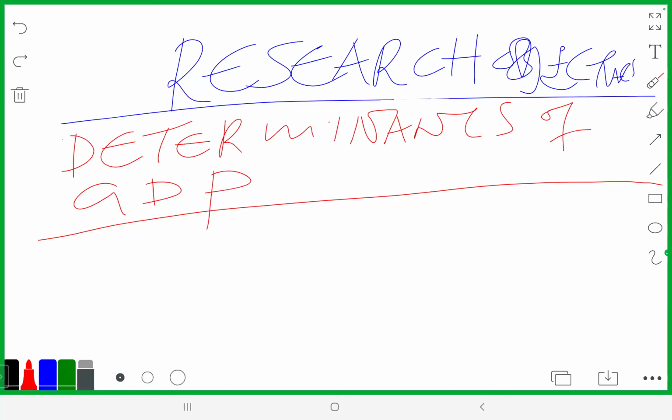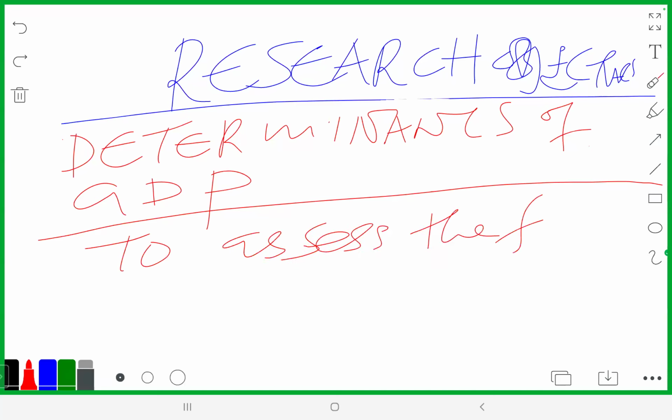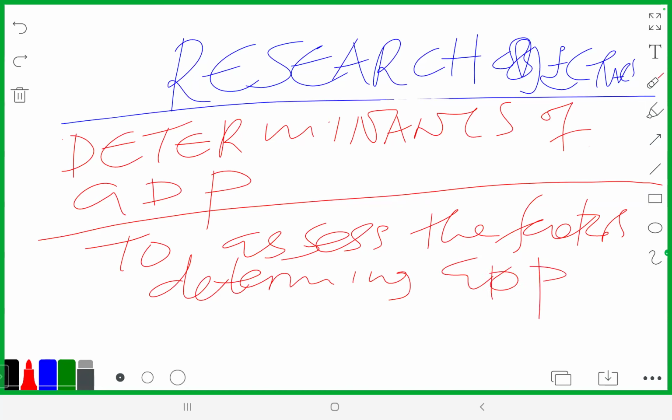What's a general objective? The objective of this is to do what? Is to assess the factors determining GDP, or assess the factors affecting or influencing GDP, or factors impacting GDP.